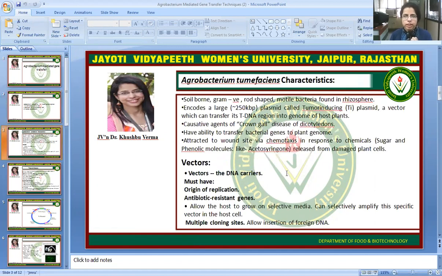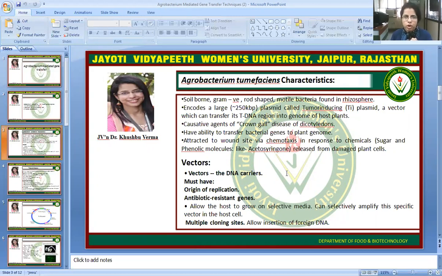First of all, we will discuss the characteristics of Agrobacterium tumefaciens. It is a soil-borne, gram-negative, rod-shaped, motile bacterium found in the rhizosphere, which encodes a large, approximately 250 kilo base pair plasmid called tumor-inducing Ti plasmid, a vector which can transfer its T-DNA region into the genome of host plants.